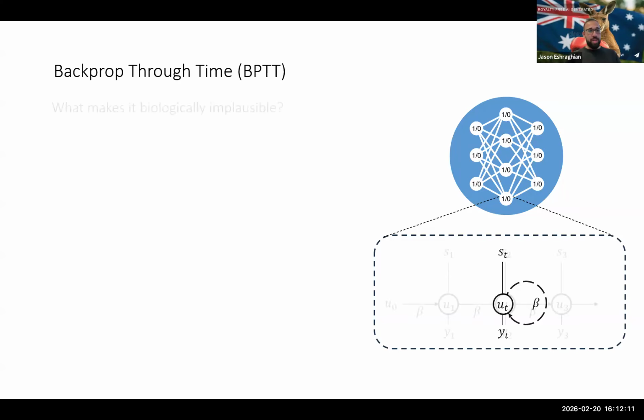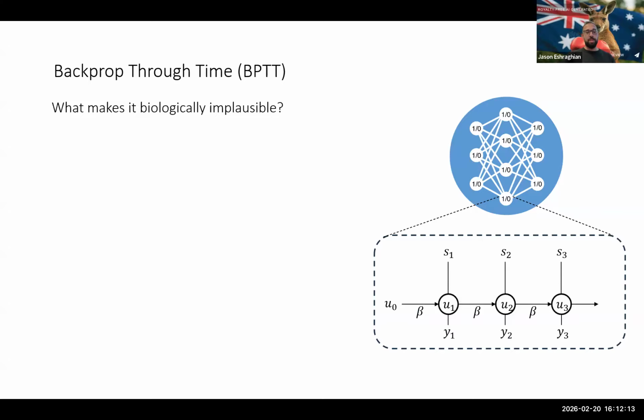One of the first issues with backprop through time is, well, if I unroll the computational graph across multiple steps, then you might ask, how is this biologically implausible, if you care about that? And I think to some extent we should. So firstly, we have the spatial credit assignment problem, which effectively asks, how does a loss propagate the blame to a weight that is spatially far away?